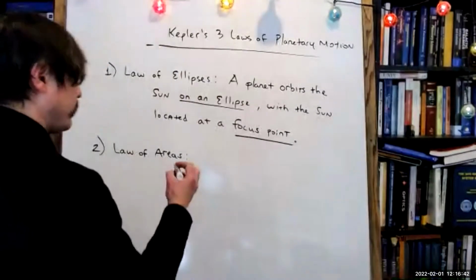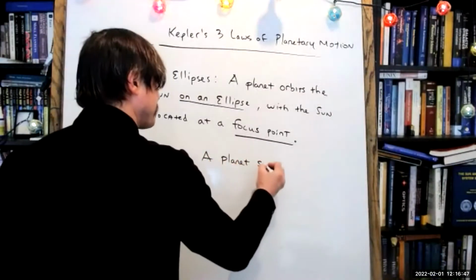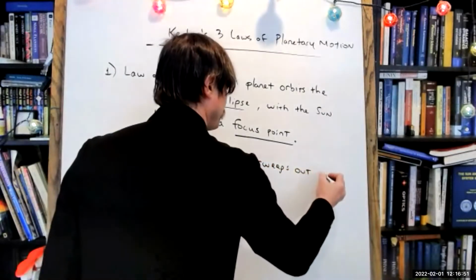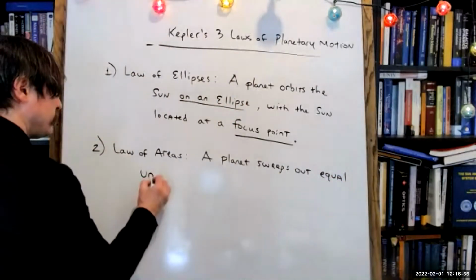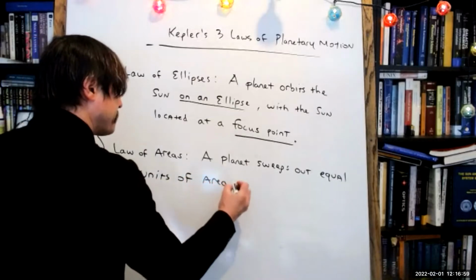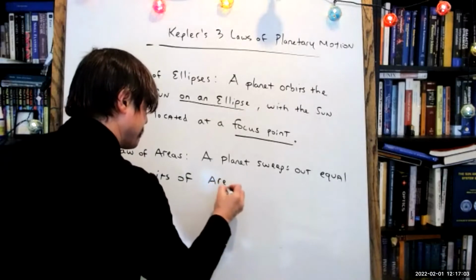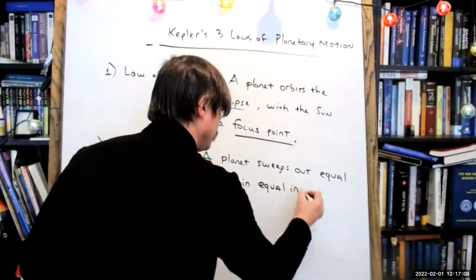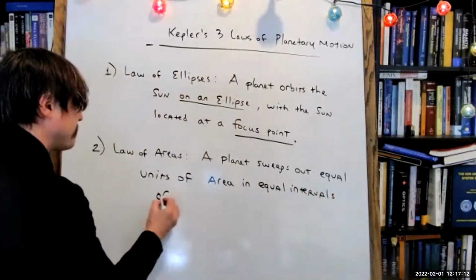So the law of areas goes like this: a planet sweeps out equal units of area in equal intervals of time.